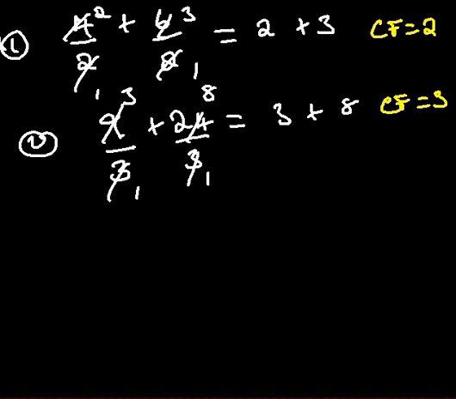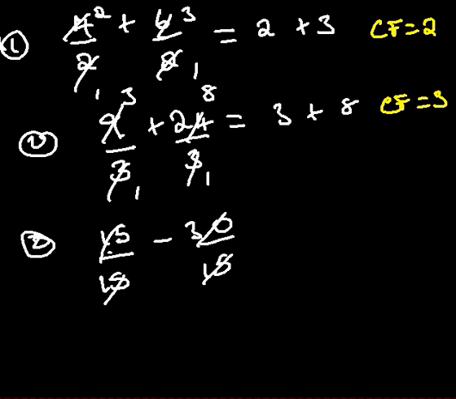And likewise, let's say we have 15 minus 30. What is the number that can enter into 15 and 30 without leaving any remainder? In that case, we have 15 as well. 15 into 15 is 1, and 15 into 30 is 2. So this is the same as 1 minus 2, and the common factor should be 15.